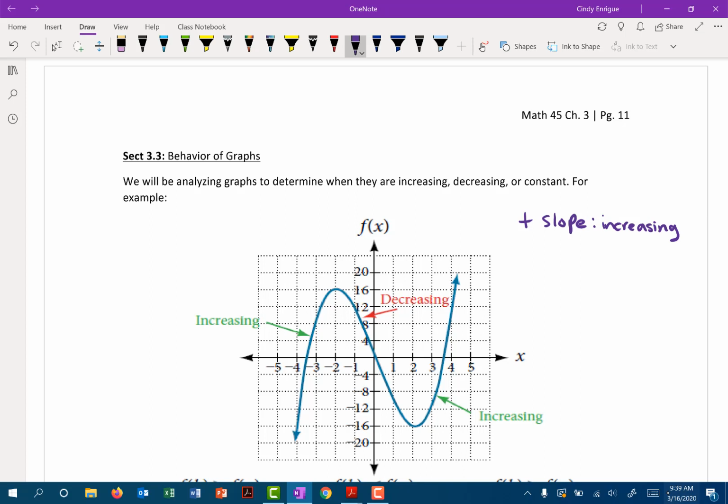And remember, we read graphs left to right. If you have a negative slope, then that's going to be decreasing. And if you have a slope that's left to right, meaning this is a slope of 0, then this is constant.